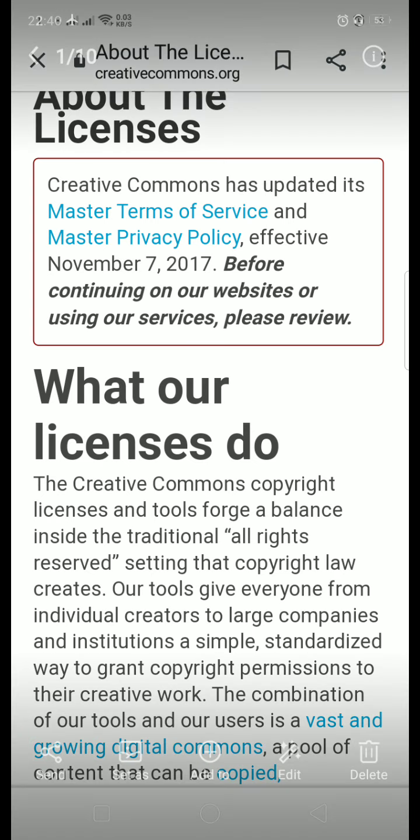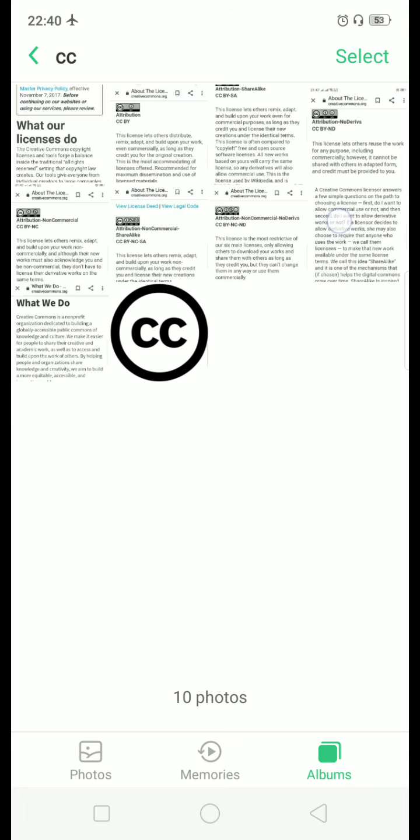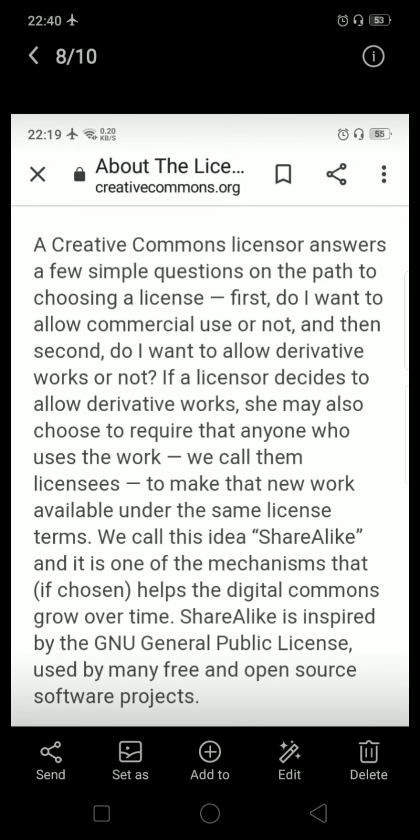So friends, when you want to make your learning resources open for all, you need to think about a few things before taking the decision. First, do you want to allow the commercial use of your product?